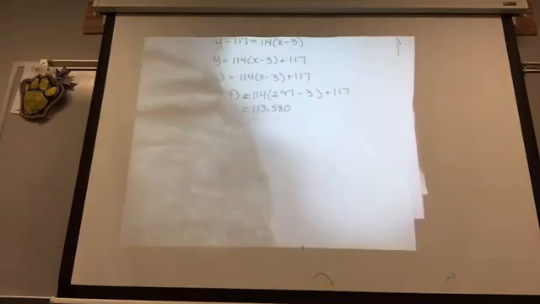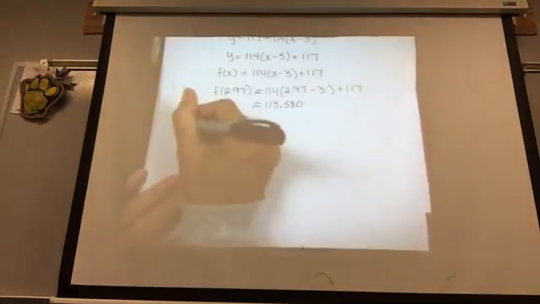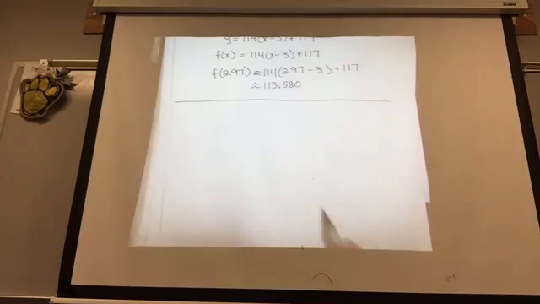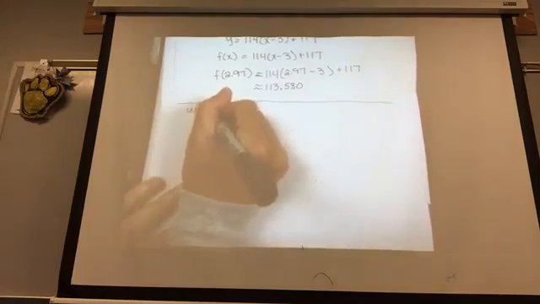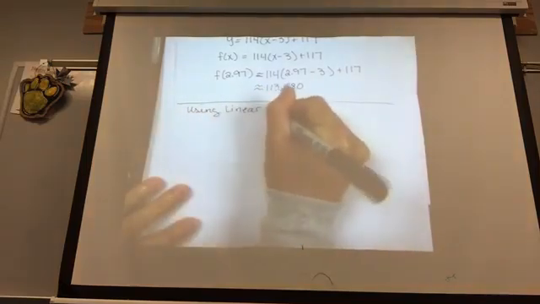So in general, the process for using a linear approximation would use these two formulas.